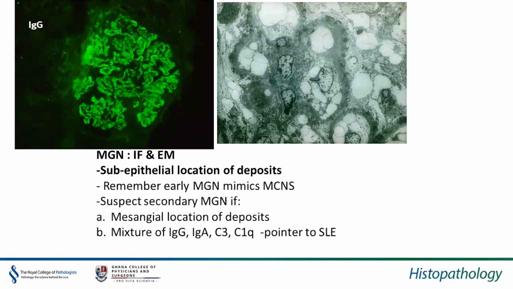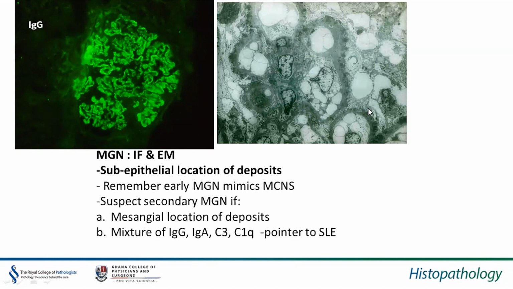Membranous, like I mentioned earlier, can be primary or it can be secondary. And one of the important causes of secondary membranous is SLE. And you can suspect a secondary membranous if you find that the deposits, instead of being predominantly subepithelial, are also subepithelial and mesangial in location.